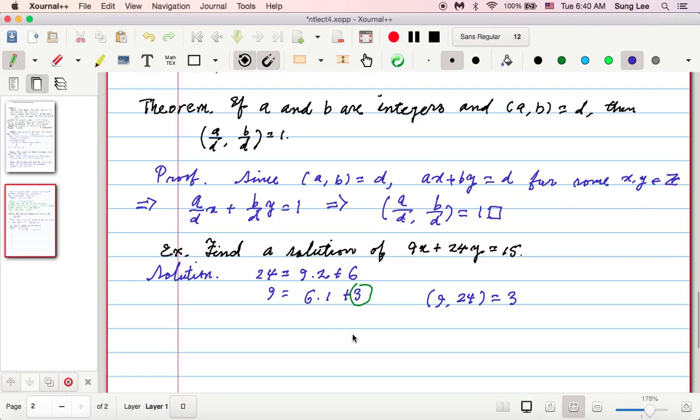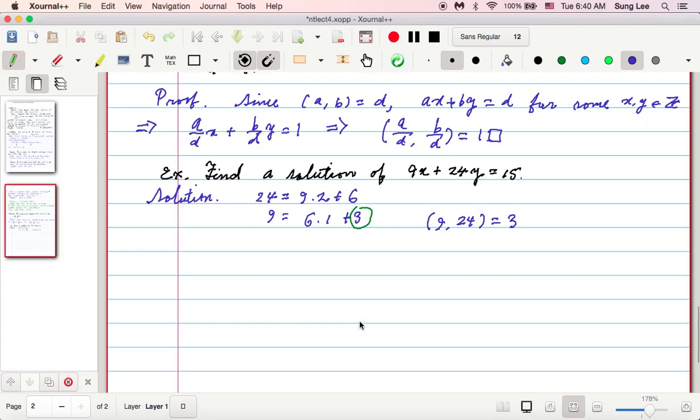Now we are ready to find a solution by working backward through this process, which is called the Euclidean algorithm. In this case, the steps are pretty short. So 3 equals 9 minus 6 times 1. And 6 equals, from the previous step, 24 minus 9 times 2.